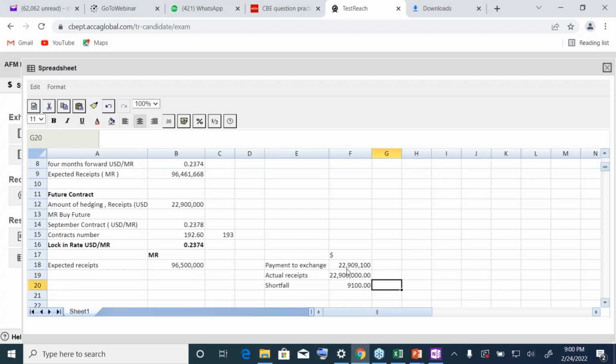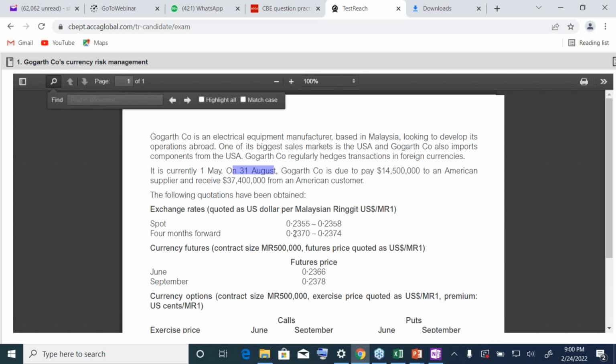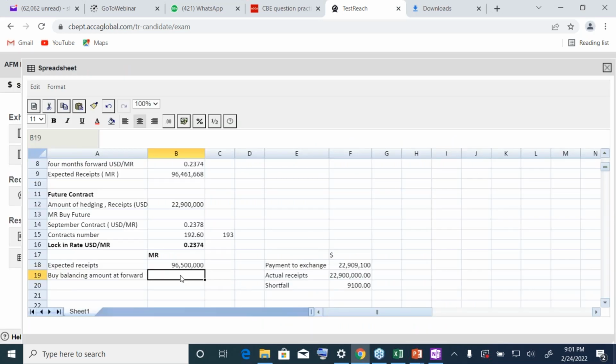So what you have to do, you have to buy this 9100 from the market. Buy the balancing amount at forward. If you are buying this amount, that means you have to pay. And for payment, which forward will you use? 0.2370. Now you have to buy the 9100, so you will be buying at 0.2370.